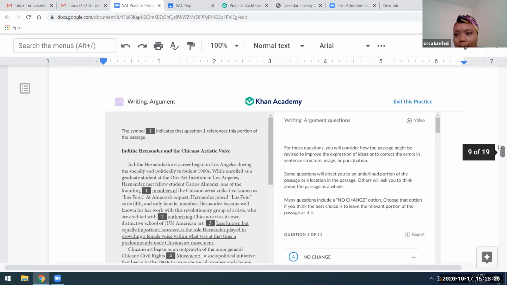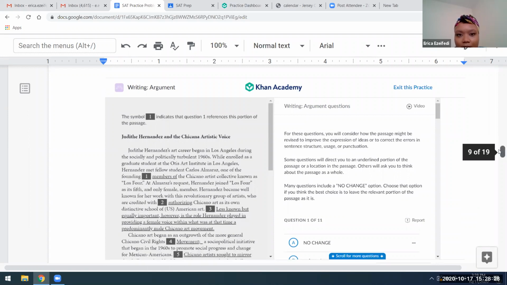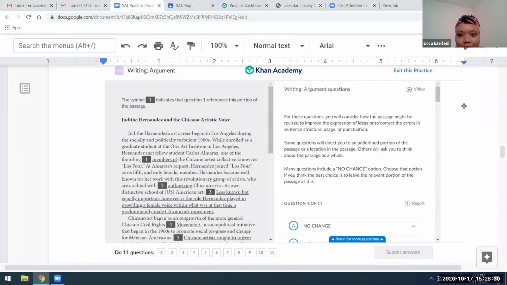Just scroll down. So it is 3:28. We're going to come back at 3:39, and we're going to get into the problems.